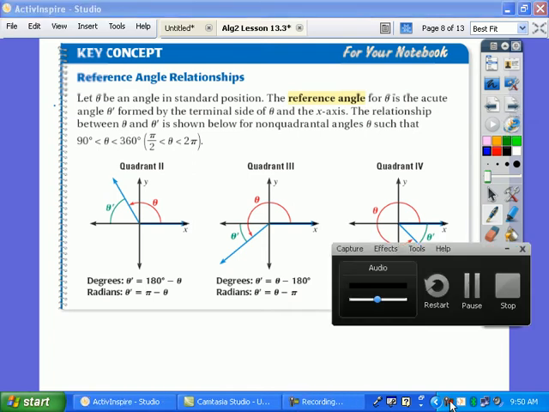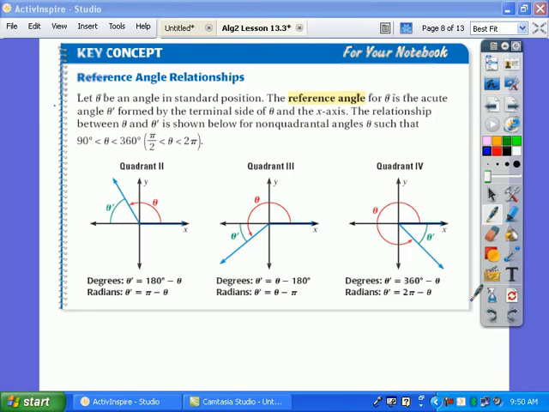So a reference angle, the idea is if I have an angle measurement, let's say theta here, and theta is bigger than 90 degrees. Let's say theta is 100 degrees. Well, I don't know anything about theta of 100 degrees, but I do know a lot about theta if it were to happen in the first quadrant.